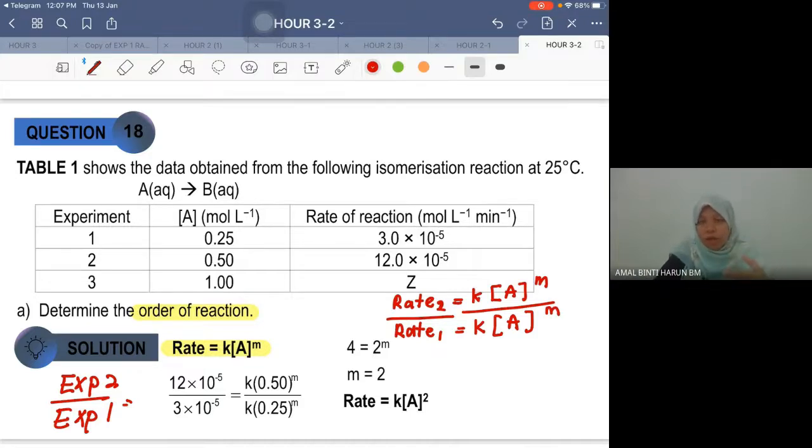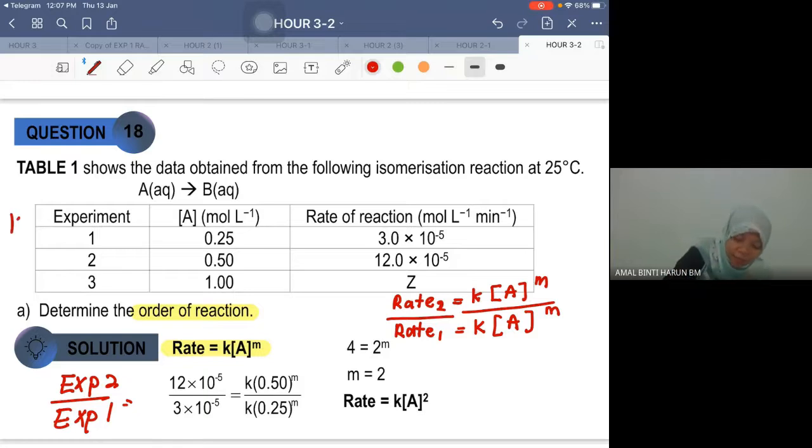Disebabkan tindak balas ini adalah tindak balas yang sama, maksudnya experiment 1, A react to B, A transform to B. Experiment 2 pun tindak balas yang sama, iaitu A transform to B. Since tindak balas dia adalah sama, maksudnya reactant dia tu dan produk dia tu adalah sama, bermaksud K dia adalah sama.